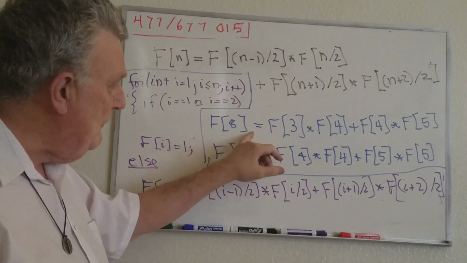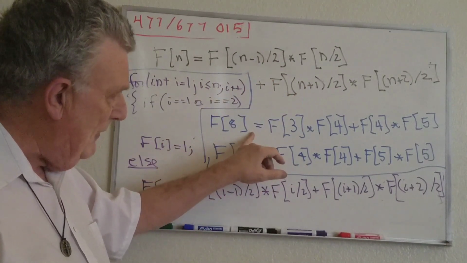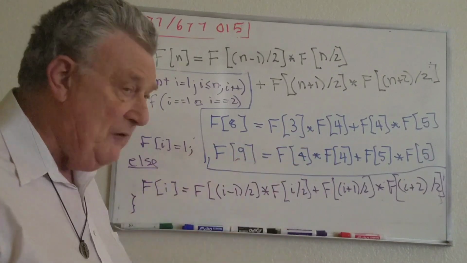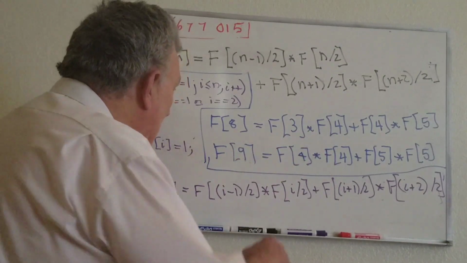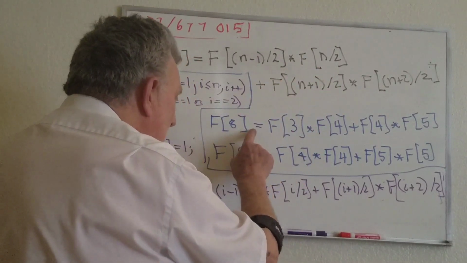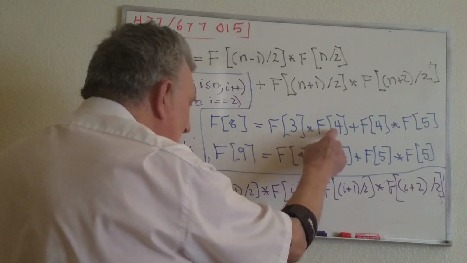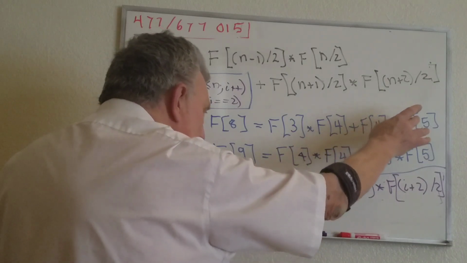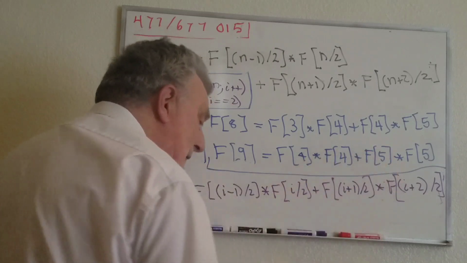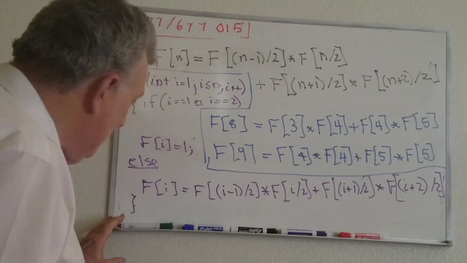If n is even, there are only 3 distinct values, and if n is odd, there are only 2 distinct values, because we're doing rounding here, truncating down. So f of 8 is f3 times f4 plus f4 times f5. Well, f of 9 is the square of f4 plus the square of f5. So it's only 2 values.